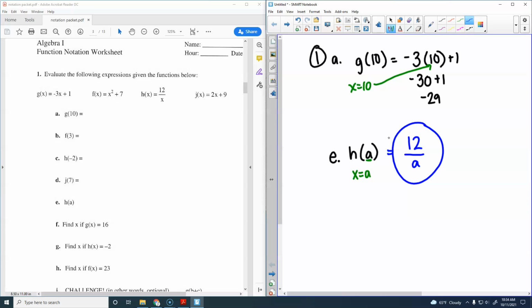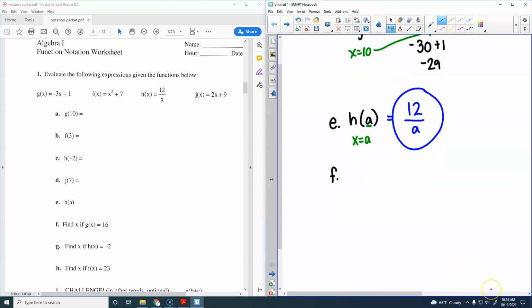Okay. Let's look at F. Who can tell me what I should do on F? Okay, what do you think, Wade? Why are you squaring it?